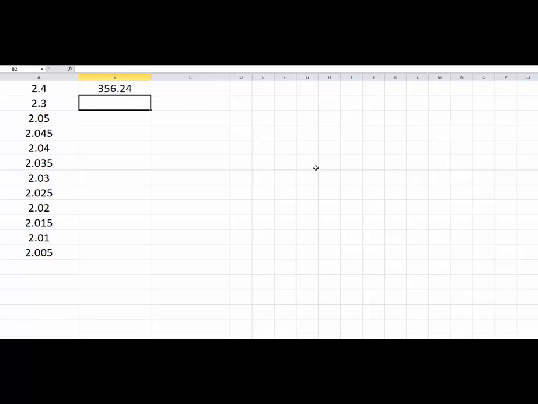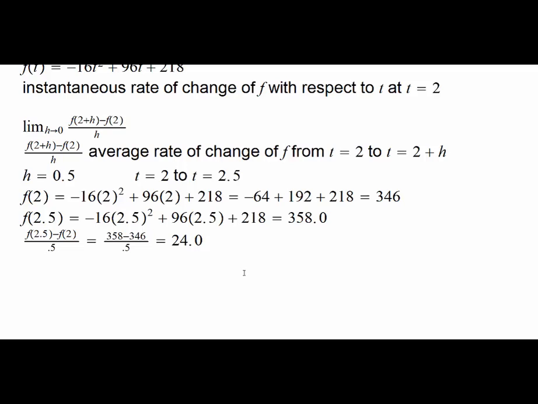So here the value of the function is how much? 356.24. So we are going to take the difference between this value and the value of the function at t equals 2, which is how much? 346.